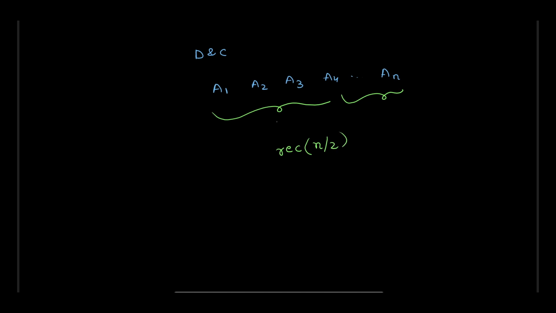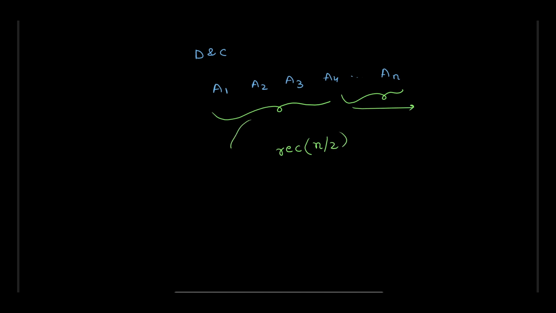So first approach is to use divide and conquer. That is, if I ask you to find the product of n matrices up till an, then you divide this range in half, and then you recursively solve for n by 2 on the left hand side and n by 2 on the right hand side, and then you merge them.